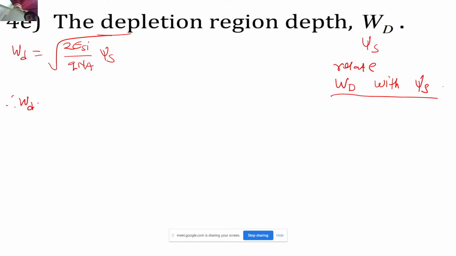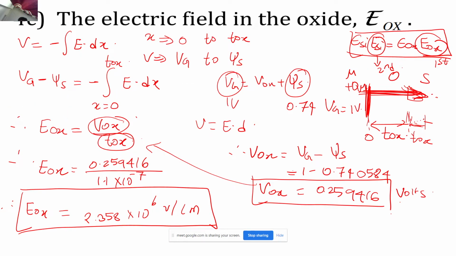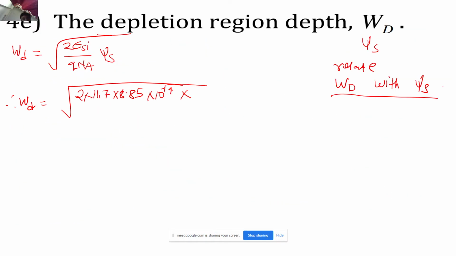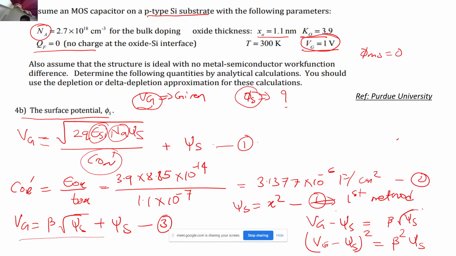So let me put in the values: 2 into 11.7 into 8.85 into 10 to the power minus 14. The value of Psi-S we had just calculated is 0.74054, upon QNA, 1.6 into 10 to the power minus 19, and the doping concentration they have given is 2.7 into 10 to the power 18.